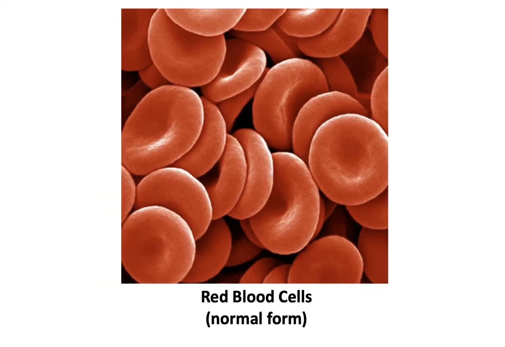So this is what they would look like normally. And in order to hold them in that shape, certain cytoskeletal elements have to be present, including some embedded in the membrane. Actins are involved, and then other cytoskeletal elements, including spectrin and others.